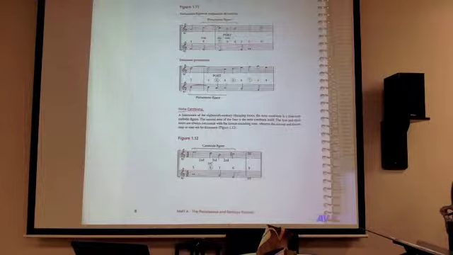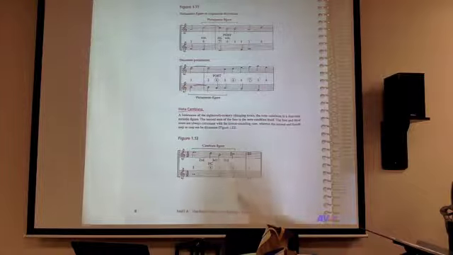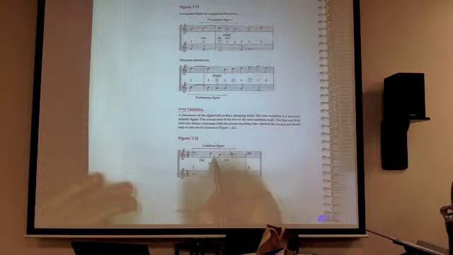Whereas the nota cambiata is going to sound like this. You hear this all the time. So it resolves. Basically, what happens in this cambiata figure is that this is almost a passing tone, except that it's skipping down, right?